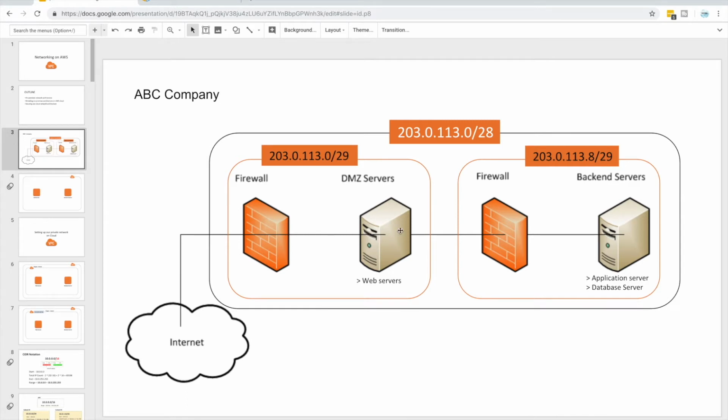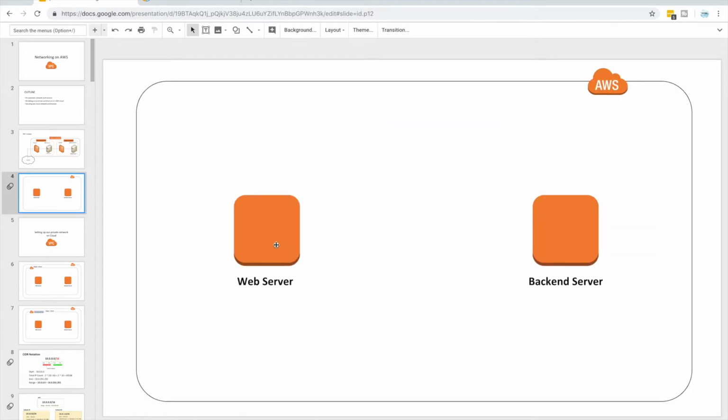The sysops guys of this company have created an AWS account, and they are thinking of creating two EC2 instances, one for the web server and one for the application server and database server. So they have created these two servers, the web server and another backend EC2 server. By default, when spinning up EC2 instances, AWS uses its default VPC, because all EC2 instances spun up in AWS must belong to a VPC.